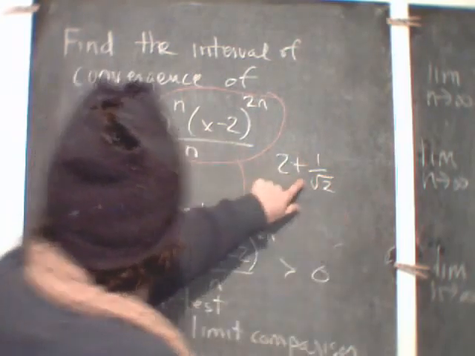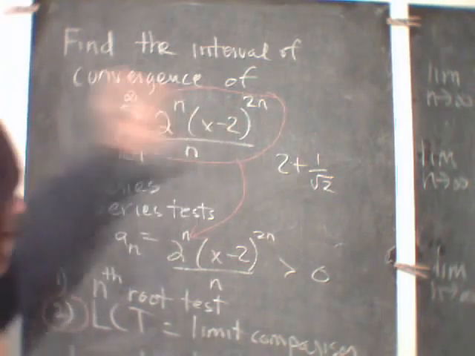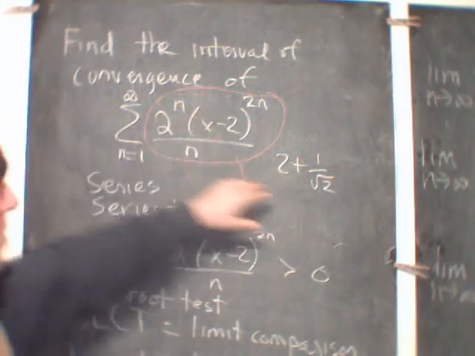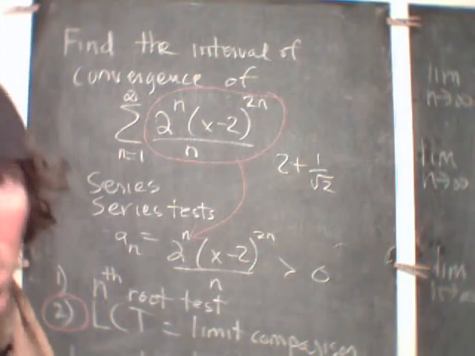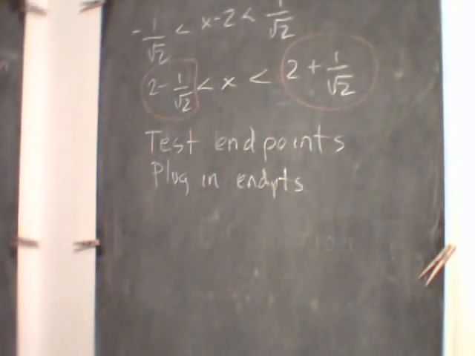So we have to plug in that value for x and simplify it and see, does this series converge when we actually plug in that number. So that's what we have to do for both endpoints, not just one of them, but both. We'll just see.